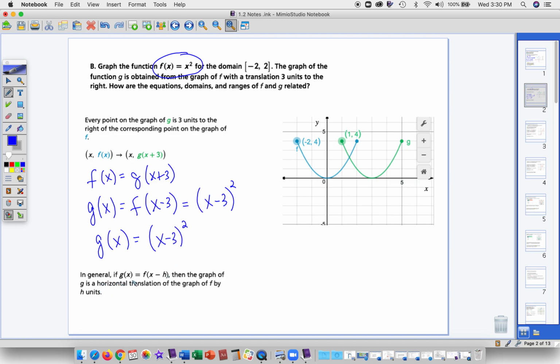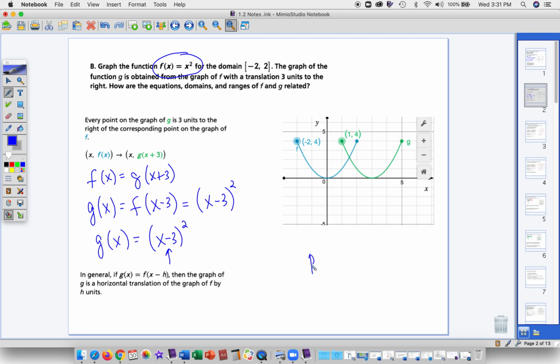So in general, if g of x is equal to f of x minus h, then the graph of g is a horizontal translation of the graph of f by h units. The thing you need to remember with horizontal shifting is that when this is a difference, it's actually opposite of what you would think. When we have x minus 3 squared, the graph shifts to the right.